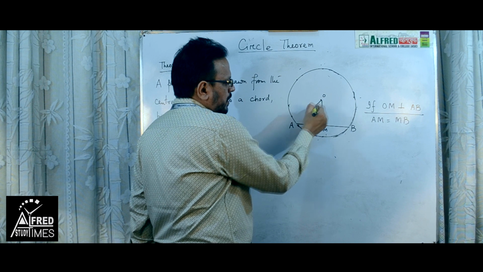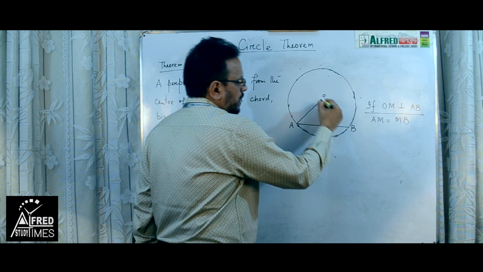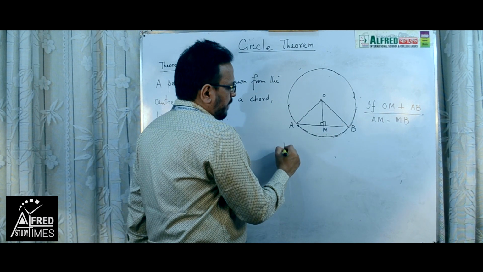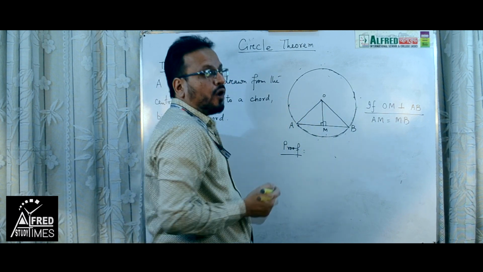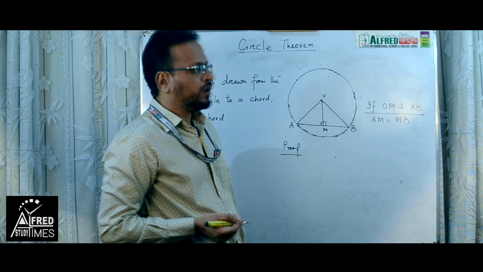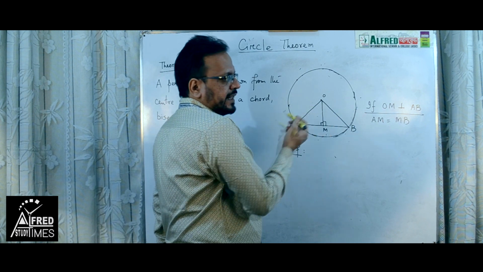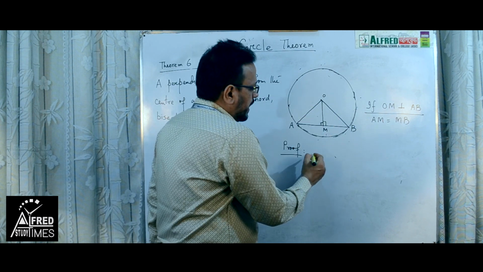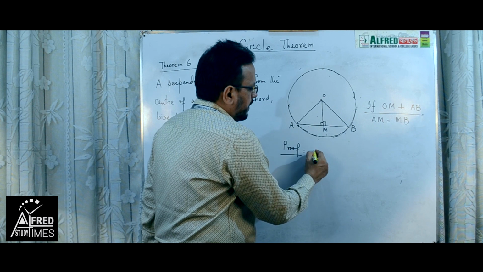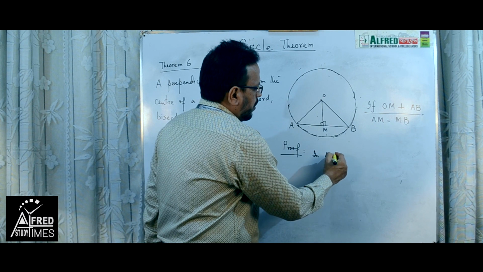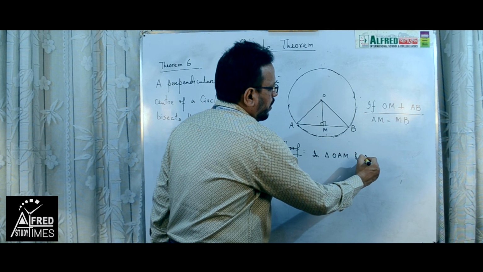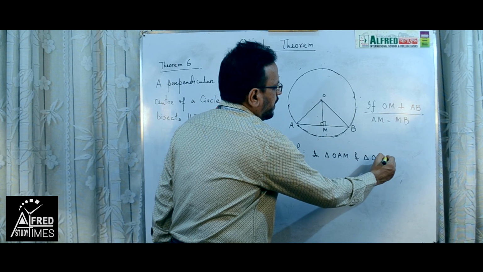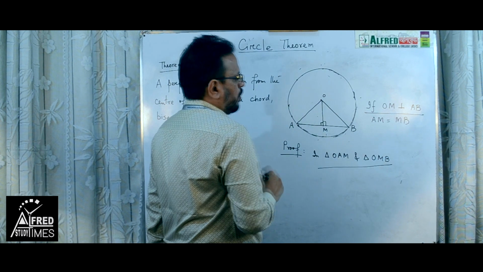Let us join this one. And if I want to show you the proof, actually these two triangles are congruent. How? See, if we take these two triangles, triangle OAM and triangle OMB, what happens?